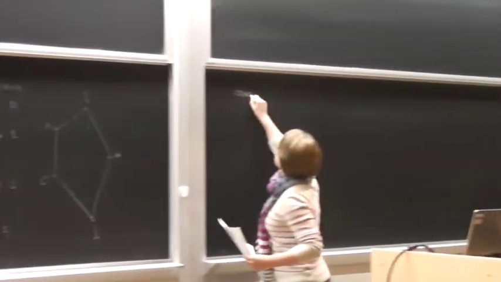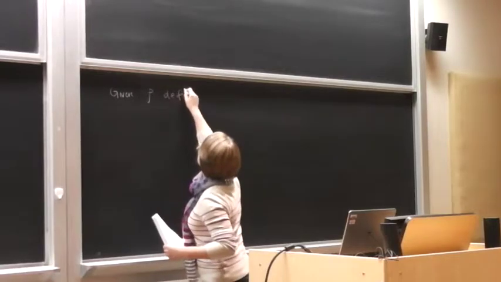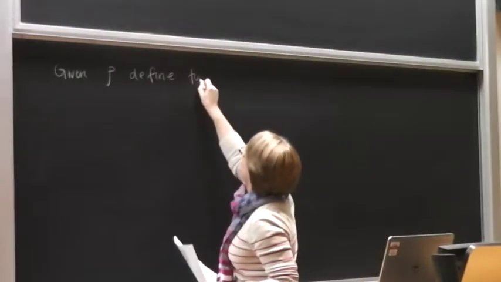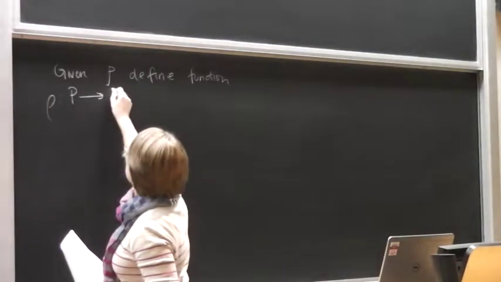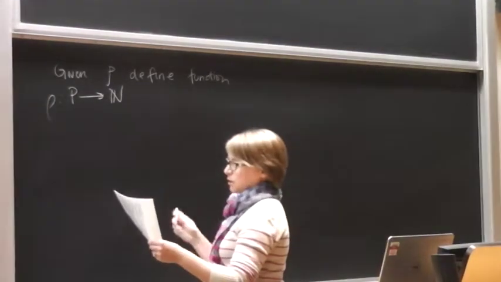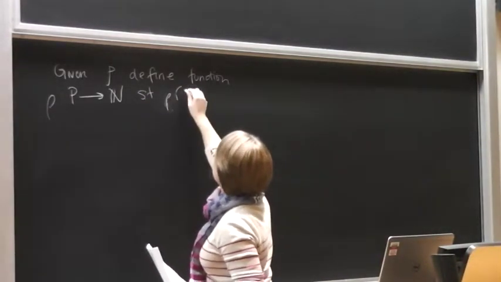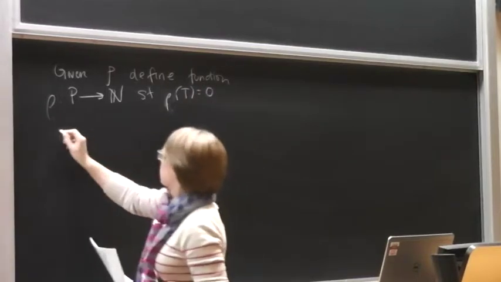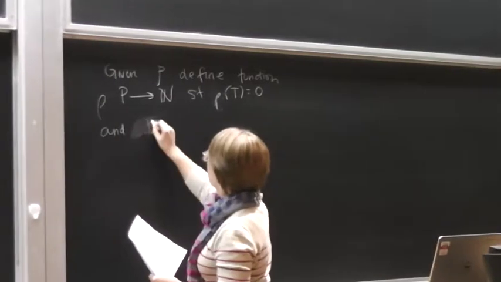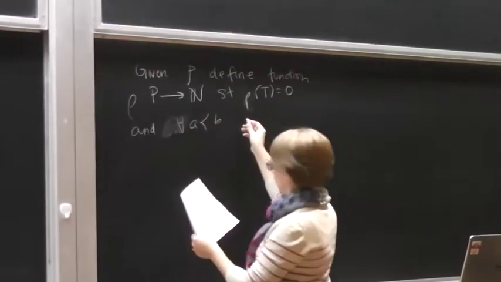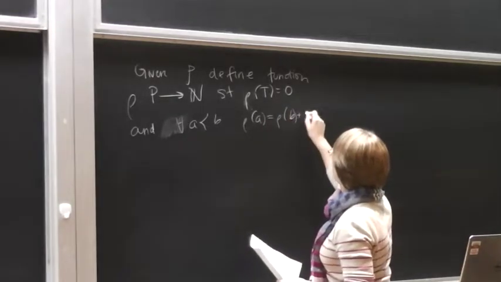So given some poset P, we define a function rho from the set P to the natural numbers so that rho of the top is 0, and for all A covered by B, rho of A equals rho of B plus 1.